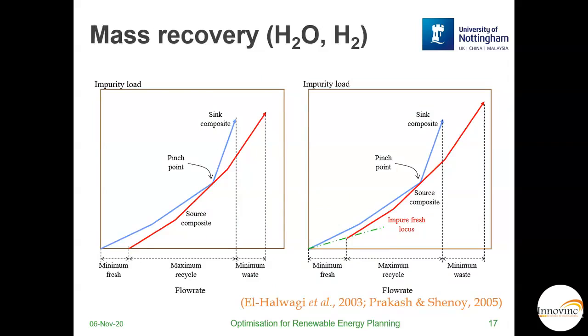The same tool was also extended to cover mass recovery, which includes water and hydrogen integration, where we plot a sink and source composite curve on an impurity versus flow rate diagram that identifies the flow rates that we can recycle, trying to minimize waste generation.